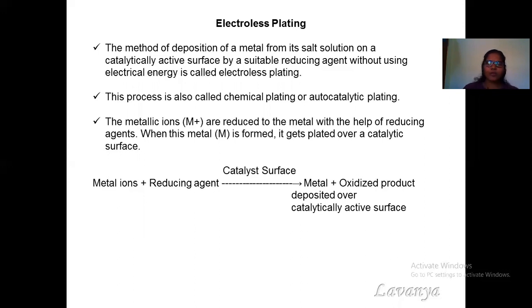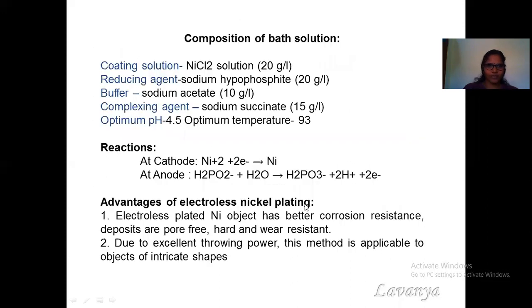So as I told, we use two chemicals instead of electricity. One is the reducing agent and the other is the catalyst. The reducing agent makes our metal ions undergo reduction and form the metal, which is deposited on our object.